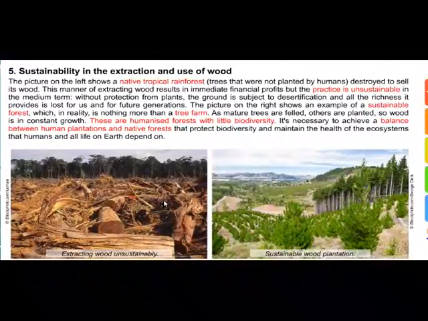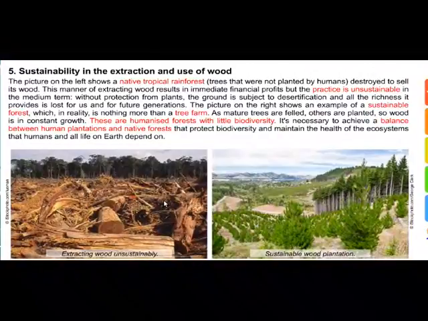and for future generations. The picture on the right shows an example of a sustainable forest, which in reality is nothing more than a tree farm. As mature trees are felled, others are planted. So wood is in constant growth.